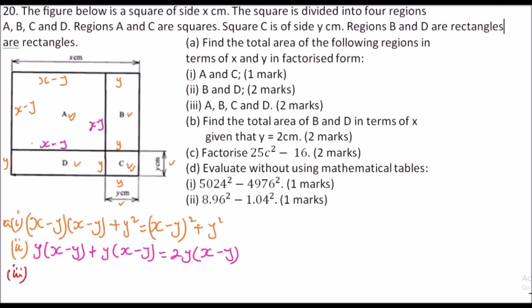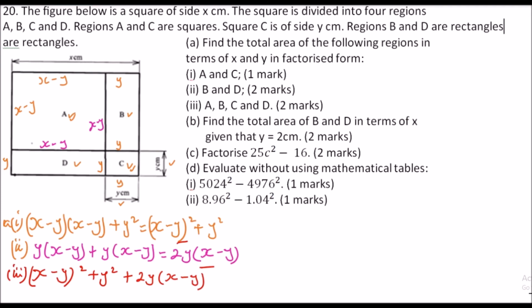Roman number 3, we are told to find the total area of A, B, C, and D. So we are going to add this and this. We start with (x minus y) squared plus y squared, that is the area of A and C, and you add 2y into bracket x minus y.